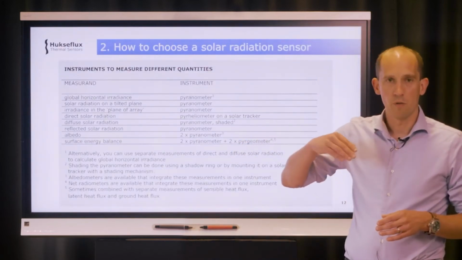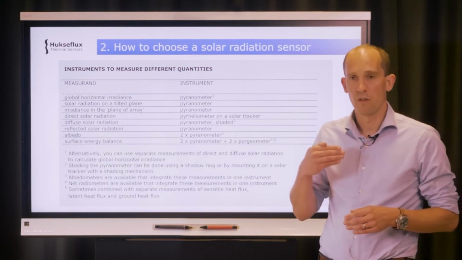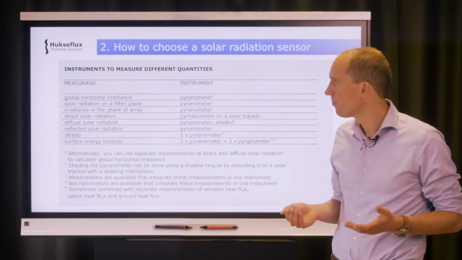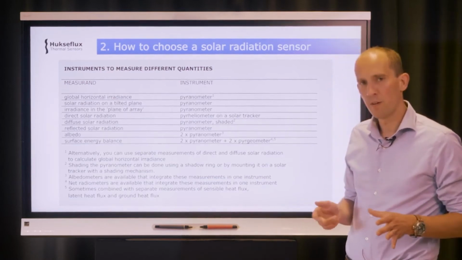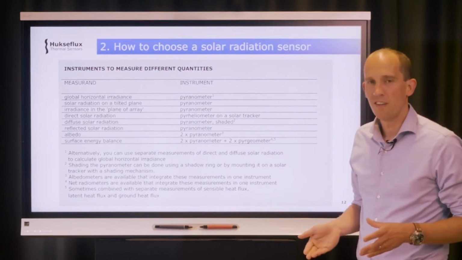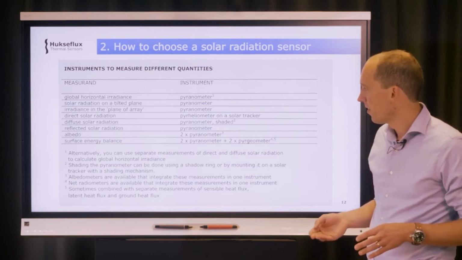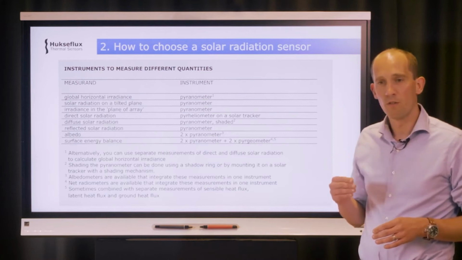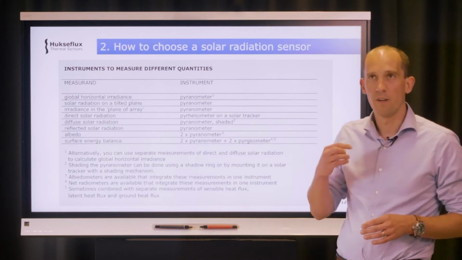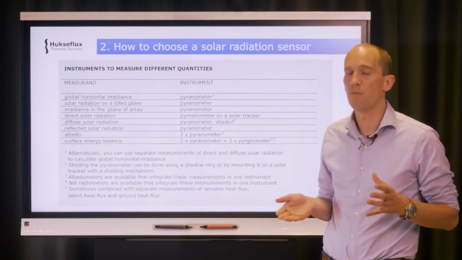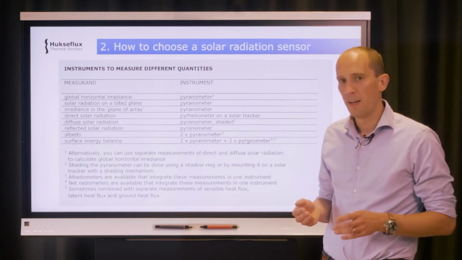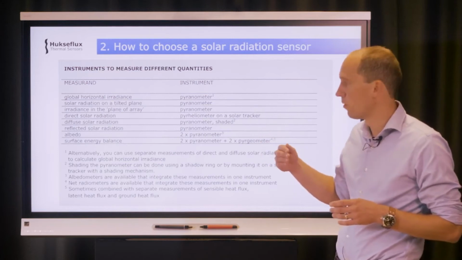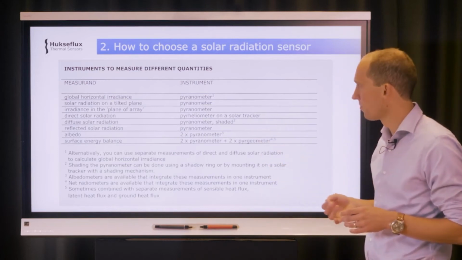Okay, so I explained what solar radiation is, and I've told you which solar radiation sensors exist. Let's go to the second part, which is how to choose a solar radiation sensor. And the first thing to realize is there is not something like a very simple single solar radiation measurement. Actually, you can define different quantities in which you are interested, and I've listed the table here.